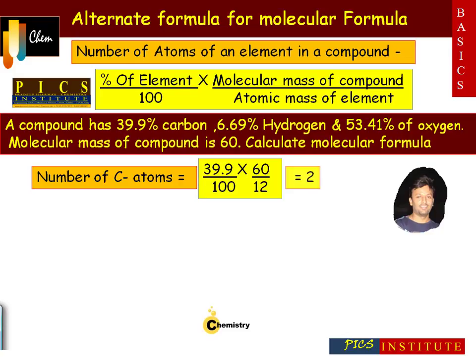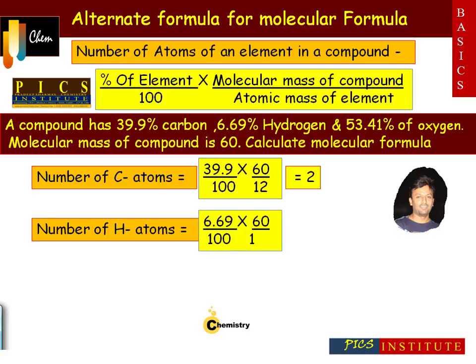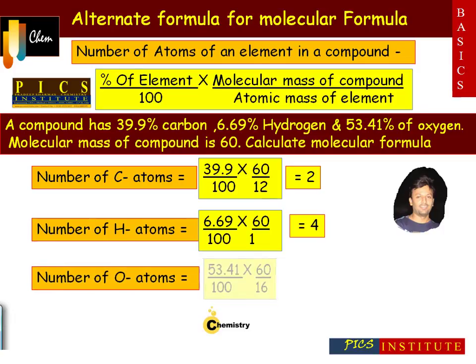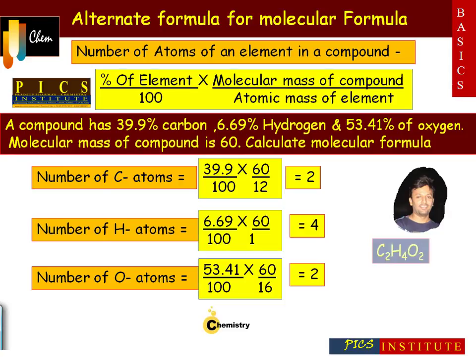Hence the number will be 2. For hydrogen atoms, the percentage is 6.69, atomic mass 1, and the number will be 4. For oxygen atoms, after putting the values, the number is 2. So we have the number of atoms. Hence the molecular formula is C2H4O2.